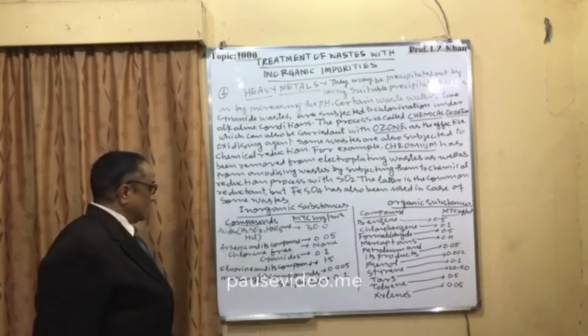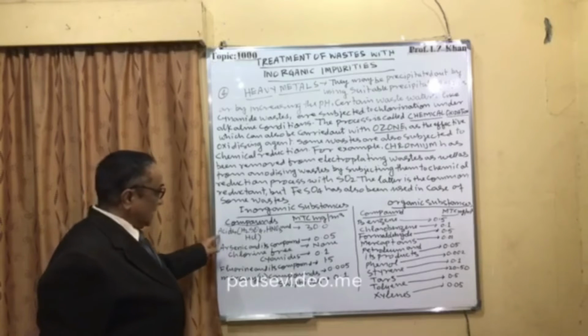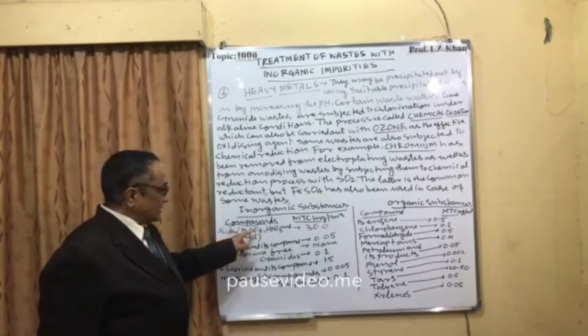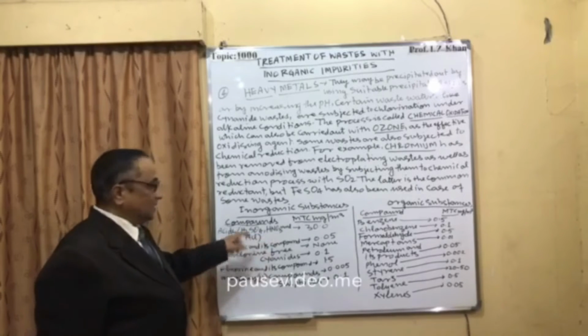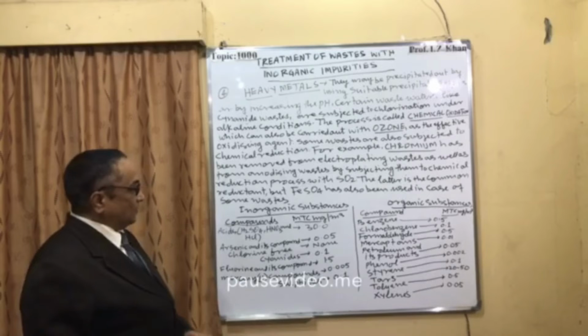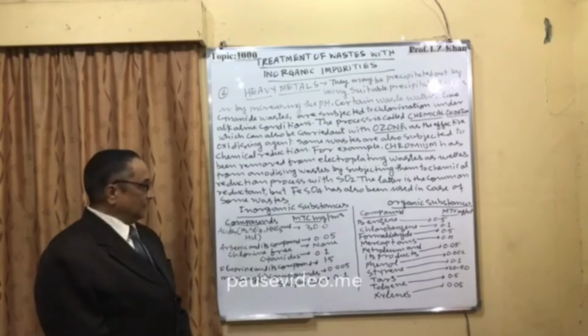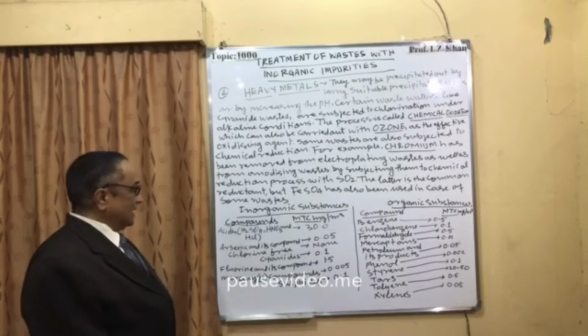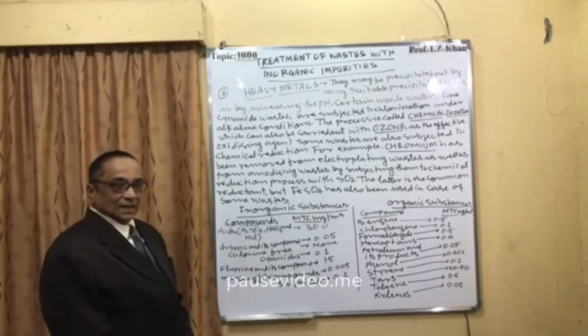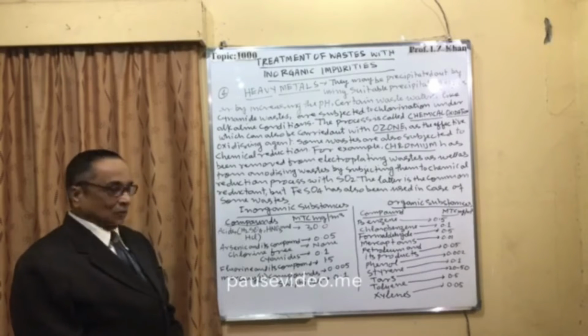So number 1, the compounds are acids, and these acids are sulfuric acid, nitric acid and hydrochloric acid, and the MTC range is 30. Then arsenic and its compounds, the MTC range is 0.05.